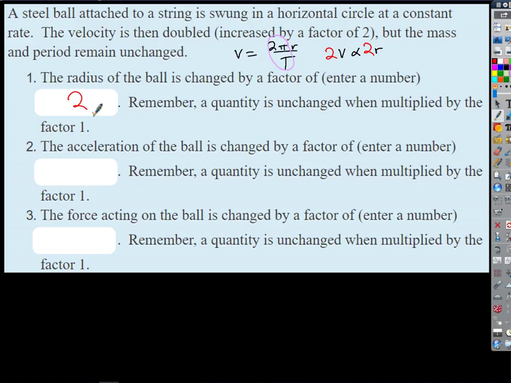What about the next one? The acceleration of the ball is changed by a factor of what? What's the relationship with acceleration? There isn't one that relates just acceleration to velocity, right? We have to involve the relationship between velocity and acceleration: acceleration equals v squared over r.